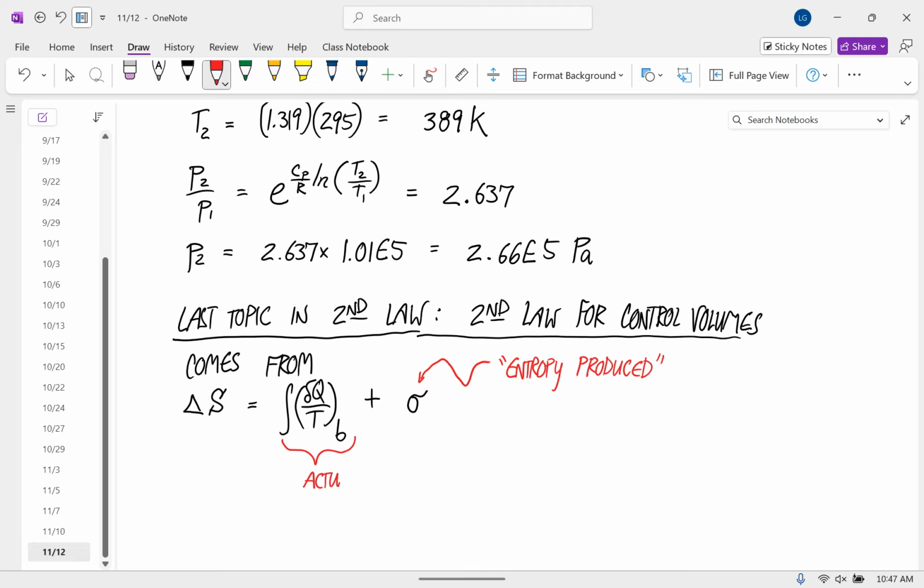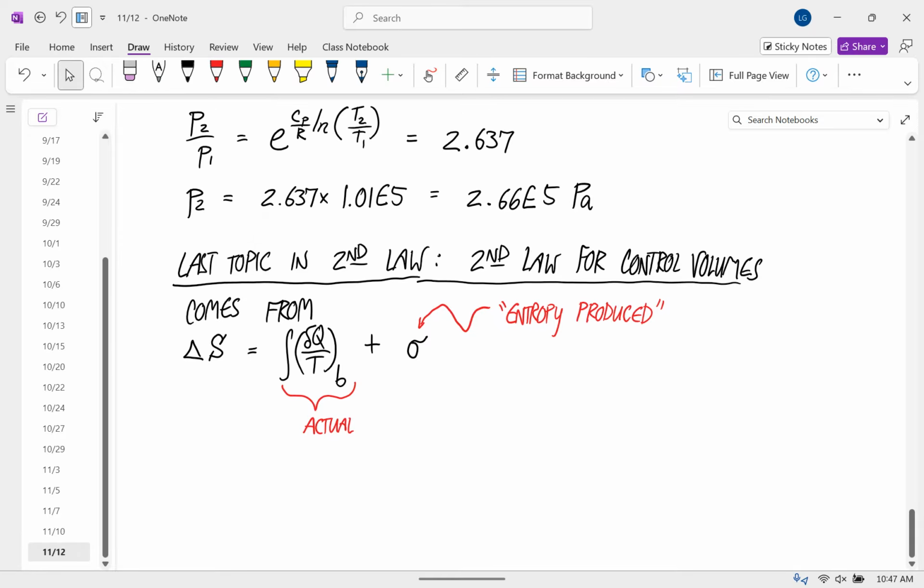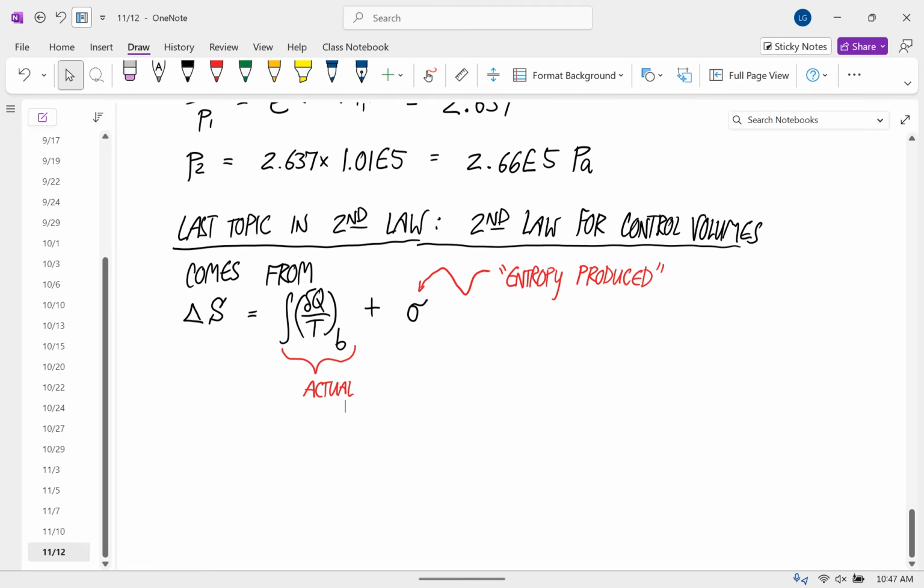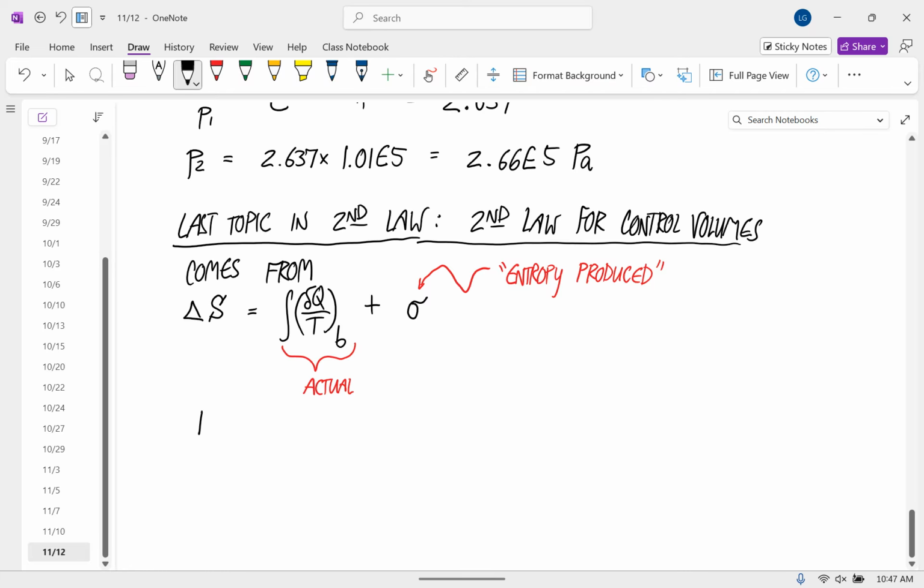This is the actual process, and so, presumably this is going to give you a value a little bit smaller than an ideal process, and that's going to produce some entropy. That's going to cause some inefficiency. Remember that entropy produced is like a measure of inefficiency. And just like we always have done with control volumes, we're going to write this in terms of rates.